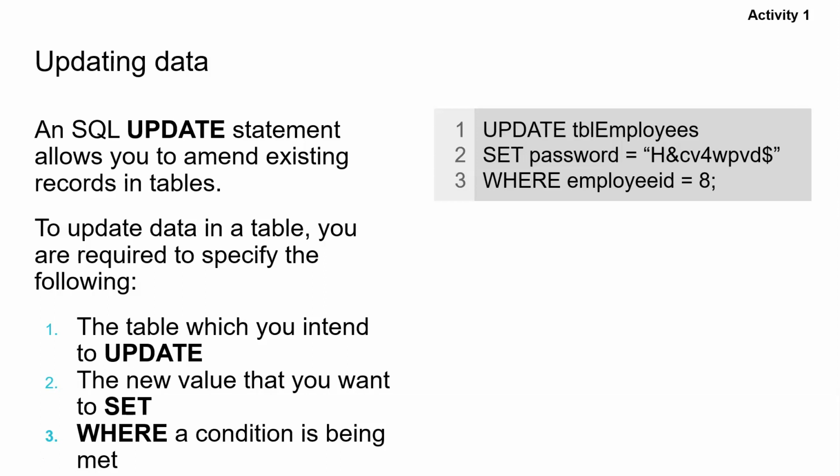For example, on the right, we are updating the employees table. You want to set the password to this new password, where the employee ID is 8. So we are updating the password for employee 8.